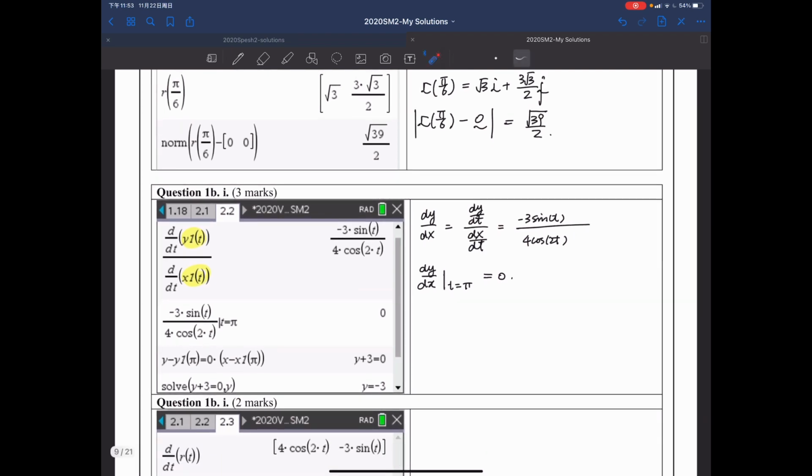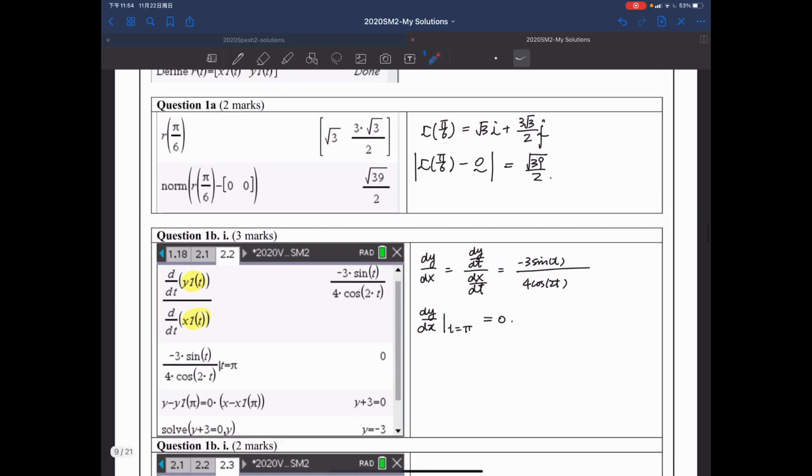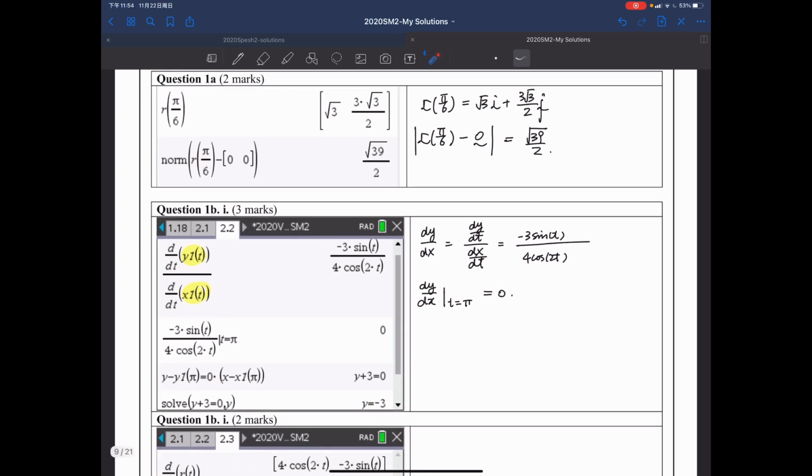Finally, this line here on my CAS operation is to find my equation of tangent. Now you can see why at the beginning I defined this one as y1 and x1, because x and y, these two letters are commonly used. I don't want to see any variable clashes. If I define the functions as x and y at the beginning, these two will not be able to be used.